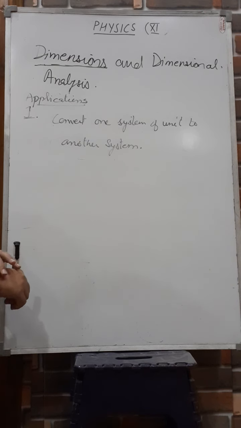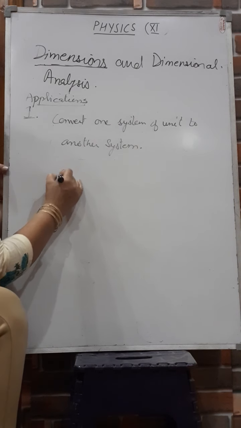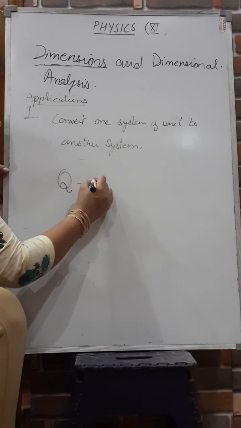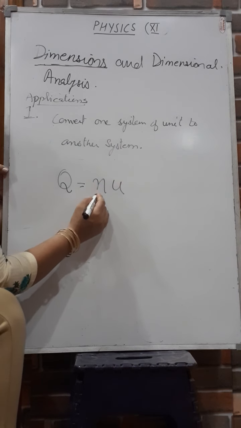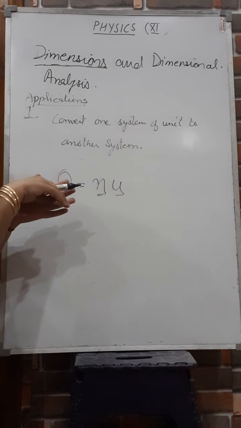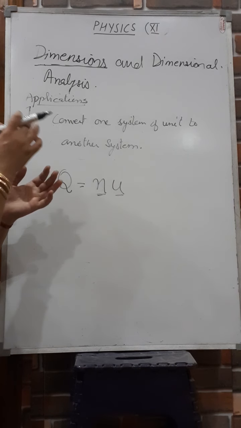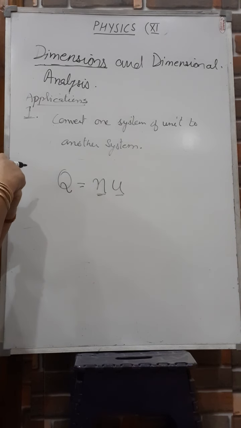While converting, one should keep in mind that on converting the units, the physical quantity does not change. Physical quantity is represented by Q and is equal to N into U, where N is the numerical value and U is the unit. If we change from one unit to another, the numerical value changes, but the quantity does not.